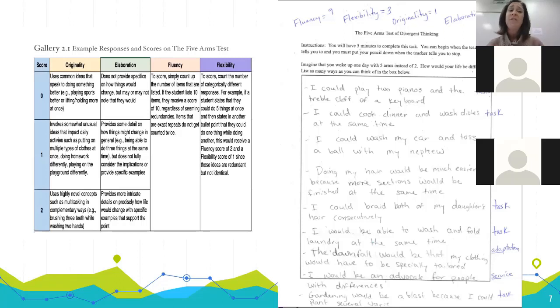Her answers weren't very original. She had some that impact daily activities, but most of them were like some of the other responses coming along, and so we don't give them points for that. And then her elaboration is pretty good. I gave her full points on this, because if you look at the very first response, the student says, I could play 2 pianos and the treble clef of a keyboard at the same time.